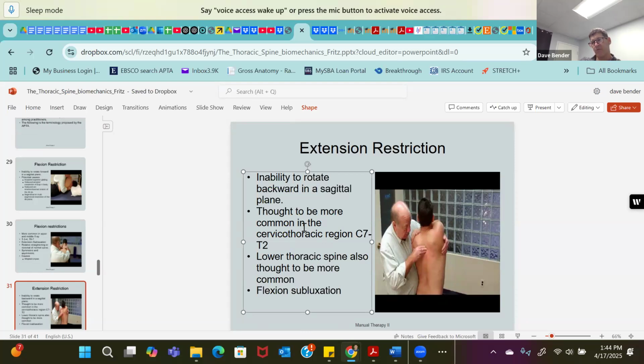And when you push on this, they're going to make a noise, something like, oh, because it's going to reproduce their symptoms and you're going to get a soft end feel. And it's not uncommon. I definitely see it in CrossFitters, rotational athletes like lacrosse players. Occasionally tennis players, but not quite as frequent. It's usually the more ballistic movement activities.